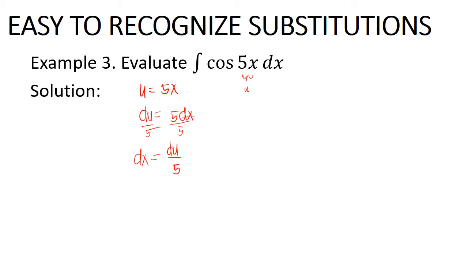Okay? Iba-iba kasi yung technique nila din sa integration. Okay? Yung iba ganito ang pagtuturo. Sabi nila, since wala kang 5 and si 5 naman is, tawag dito, is a constant, pwede kang mag-multiply ng 5, pero dapat mag-multiply ka ng 1/5 sa labas. Parang nag-multiply ka lang ng 1.